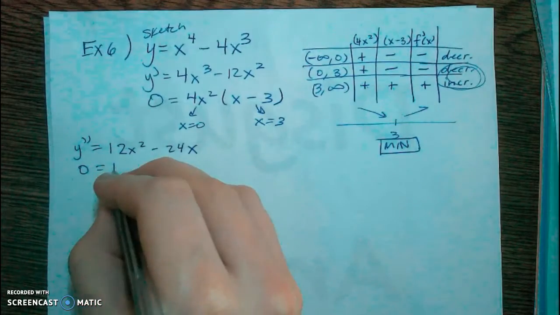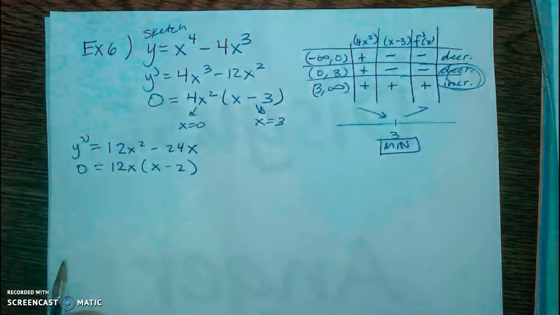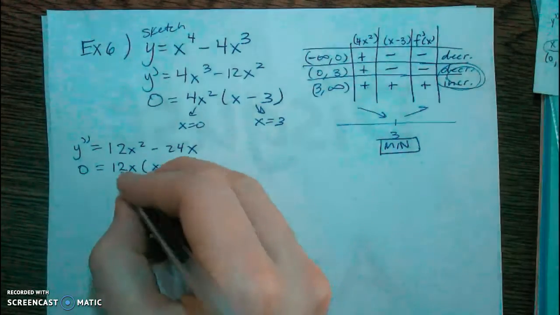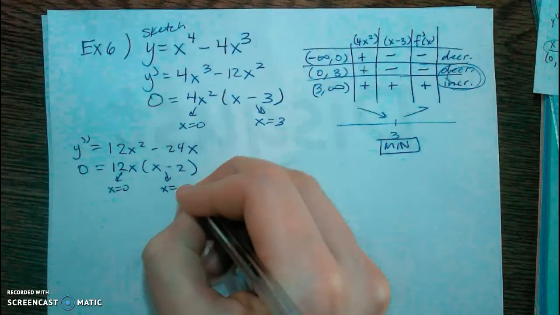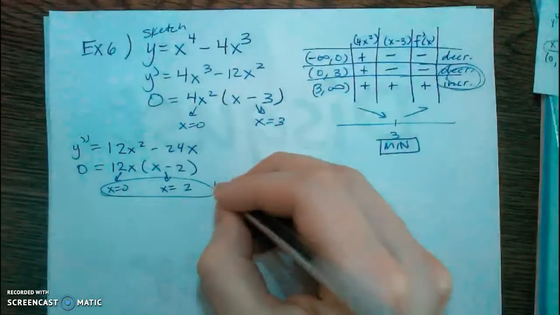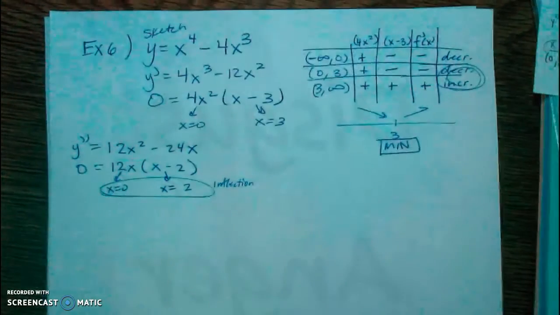Factor out a 12x. So we get two factors. We set these factors equal to 0. And we're going to get 0 and 2 for our inflection points. So those are our inflection points.